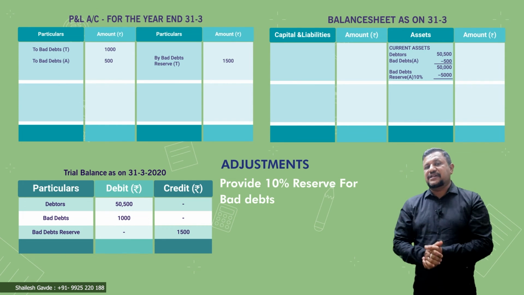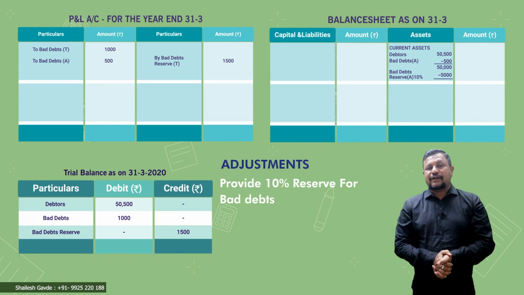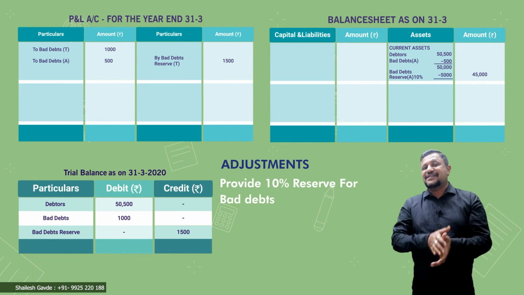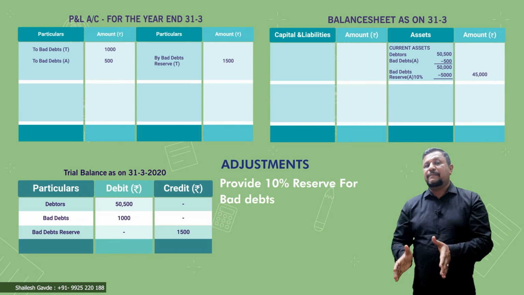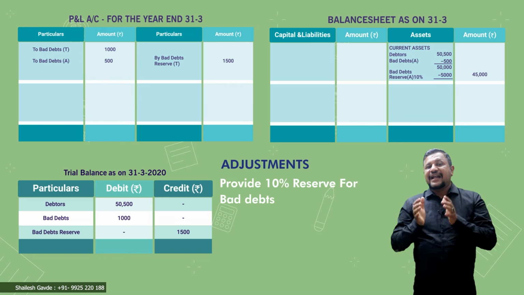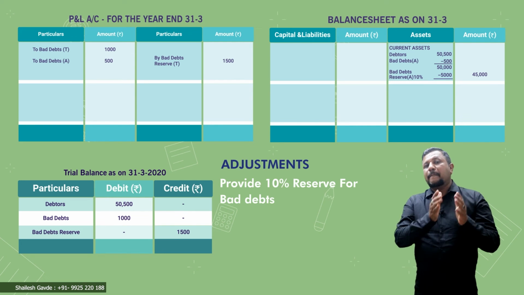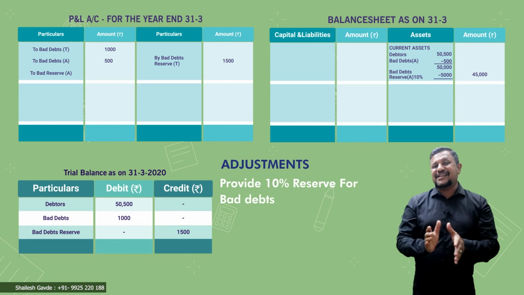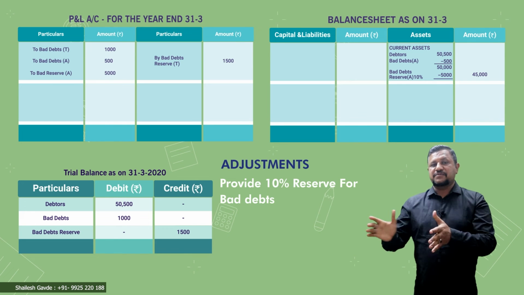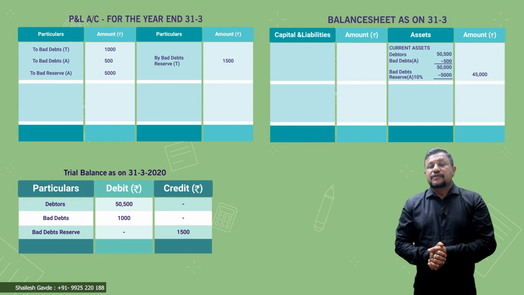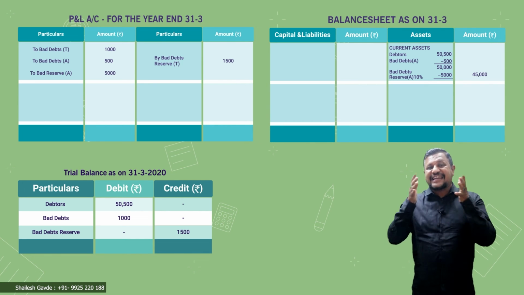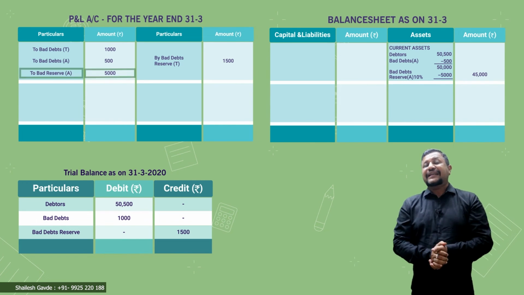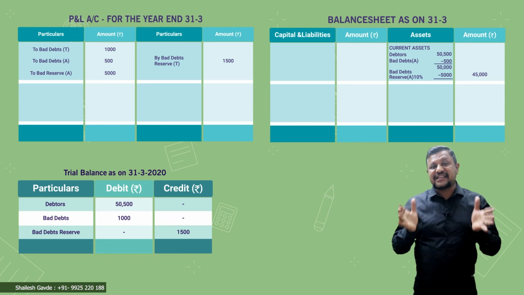So 5,000, and outer column will record 45,000. The second effect of bad debts reserve adjustment will be profit and loss account, debit side, to bad debts reserve adjustment 5,000.